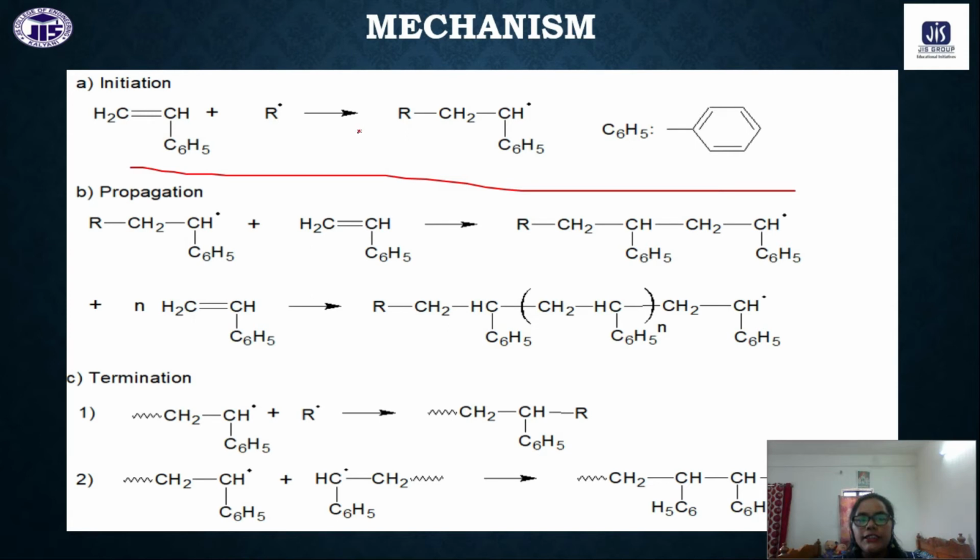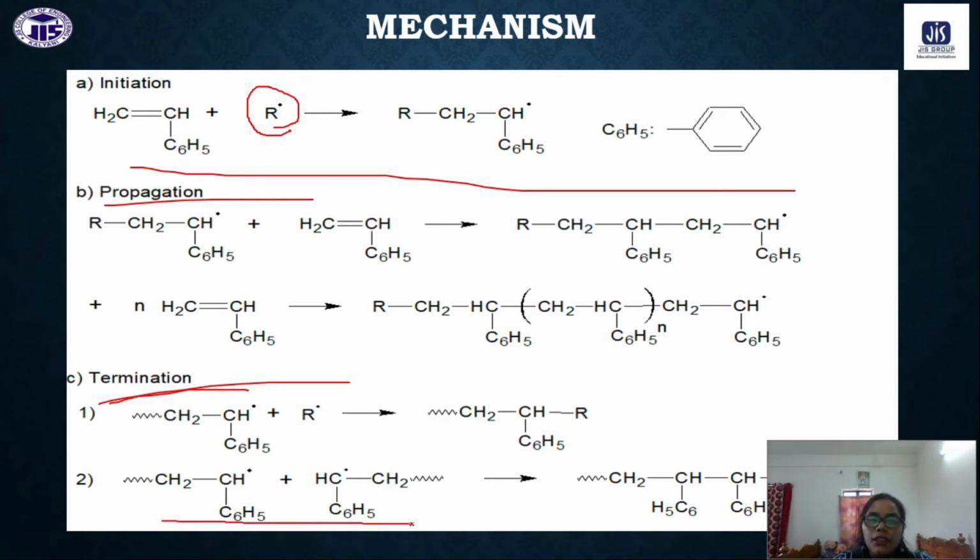We have the initiation process, and mainly you have to remember that we need the free radical as the initiator. Then we have the propagation step, and then the termination step. Termination means the free radicals made attach with each other and form the huge molecule. So these are some of the mechanisms.